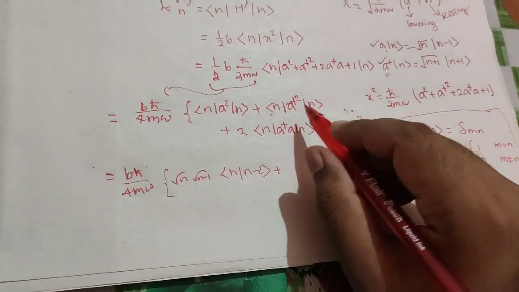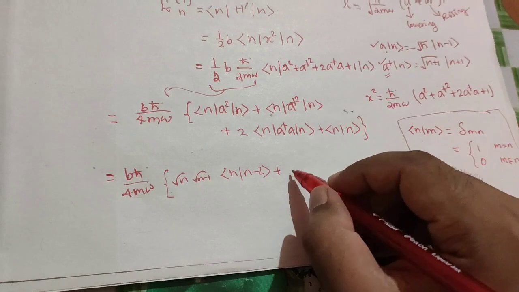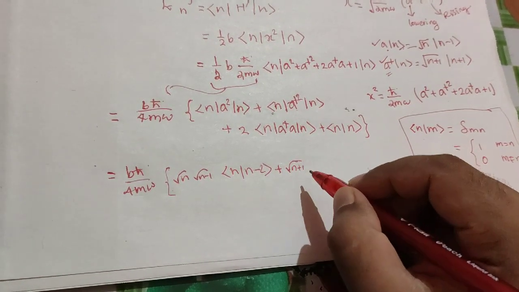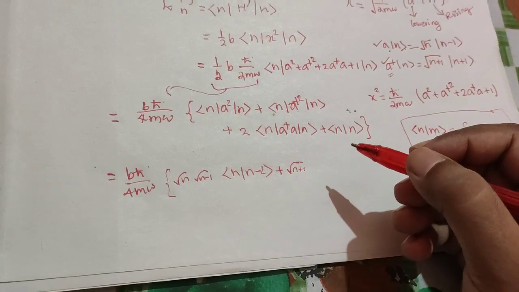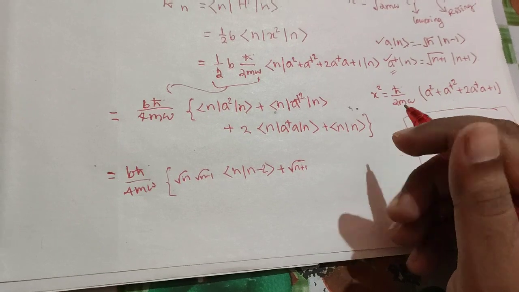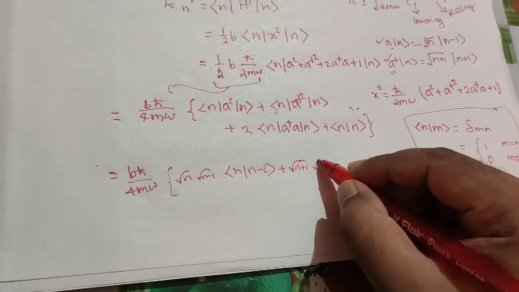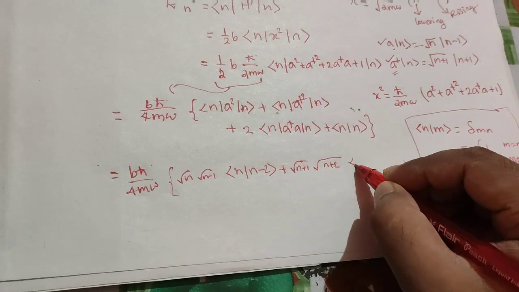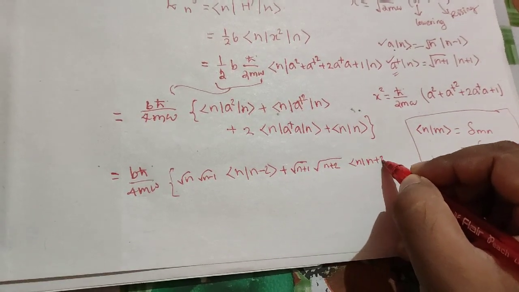Similarly, a dagger acting on ket n gives coefficient root n plus 1 and ket n plus 1, then again a dagger acting on ket n plus 1 gives coefficient root n plus 2 and ket n plus 2, then finally this one.